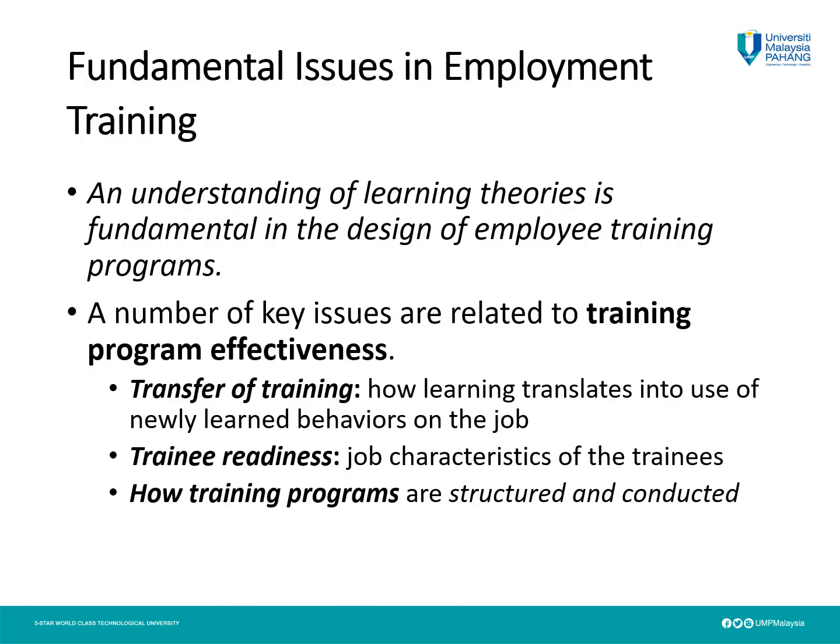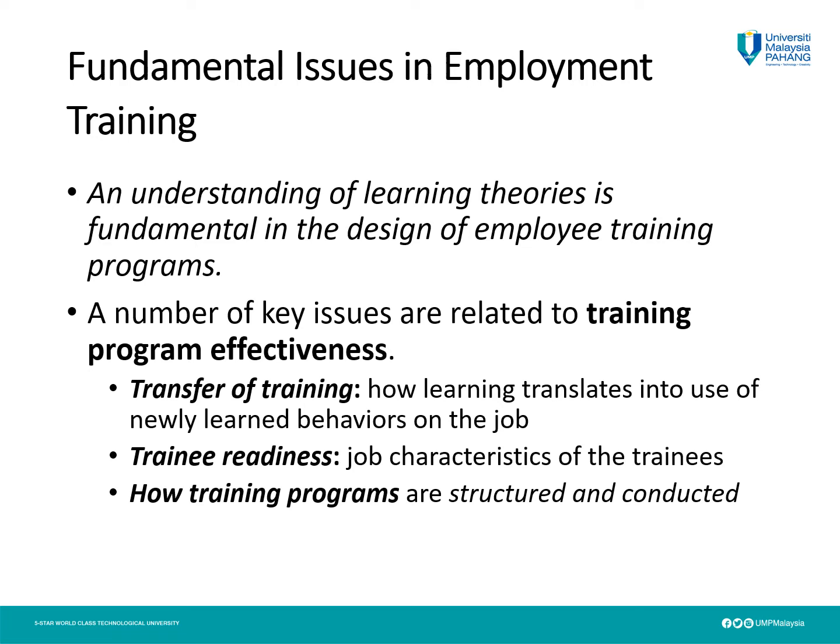Next is about the fundamental issues in employee training. An understanding of learning theories is fundamental in the design of employee training programs. This is a number of key issues that are related to training program effectiveness. Previously I have explained a little bit of detail about this in the previous slides.